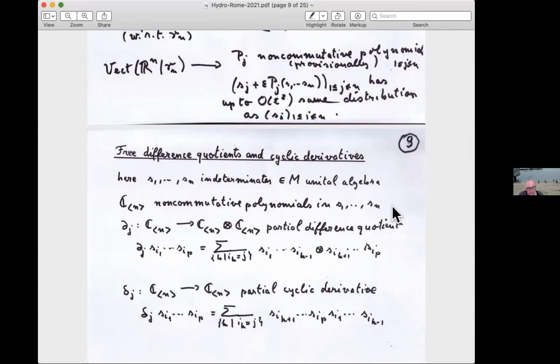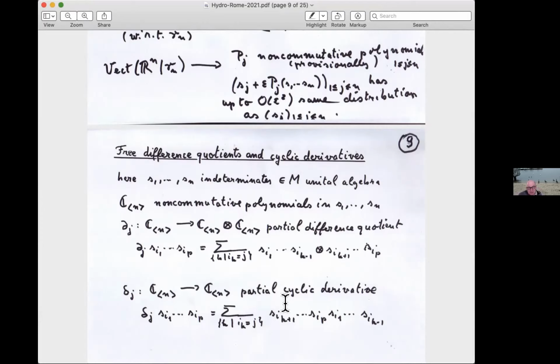What it does is, every time I see in a product Si1, Sip an Sj, it moves it cyclically to the first position, and erases it.